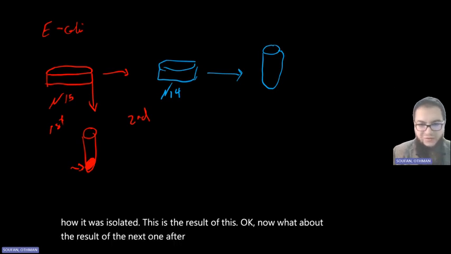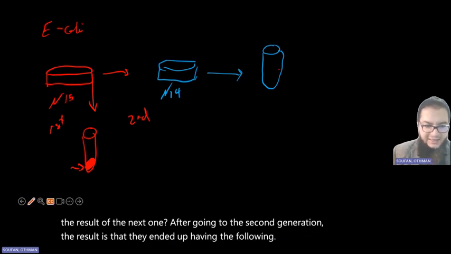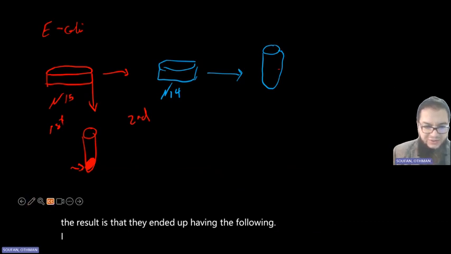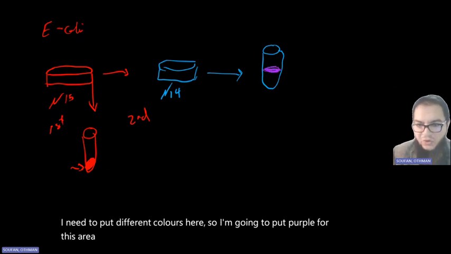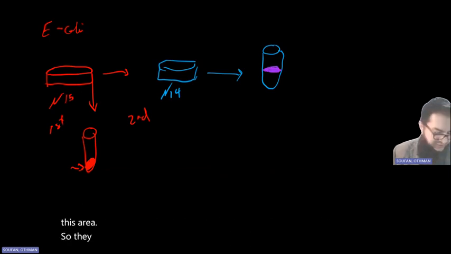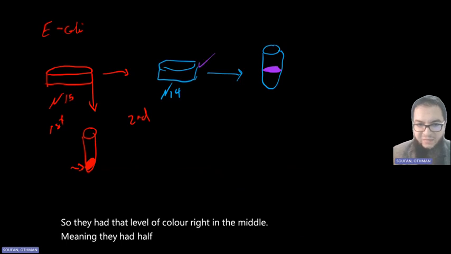After going to the second generation, the result is that they ended up having the following. I need to put different colors here, so I'm going to put purple for this area. They had that level of color right in the middle, meaning they had half light and half heavy.